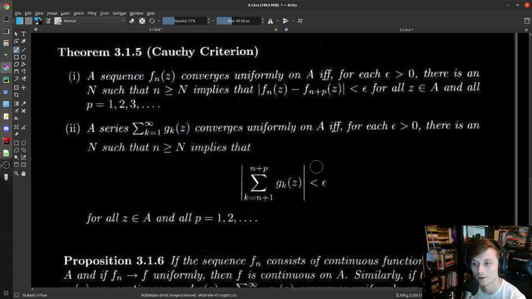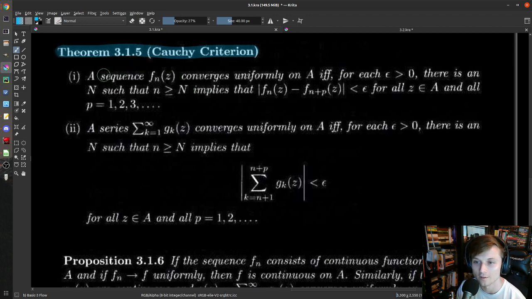In particular, the Cauchy Criterion will come in handy when talking about series representations of holomorphic, analytic, complex differentiable with Cauchy-Riemann functions. So Theorem 3.1.5, the Cauchy Criterion, has two little pieces.